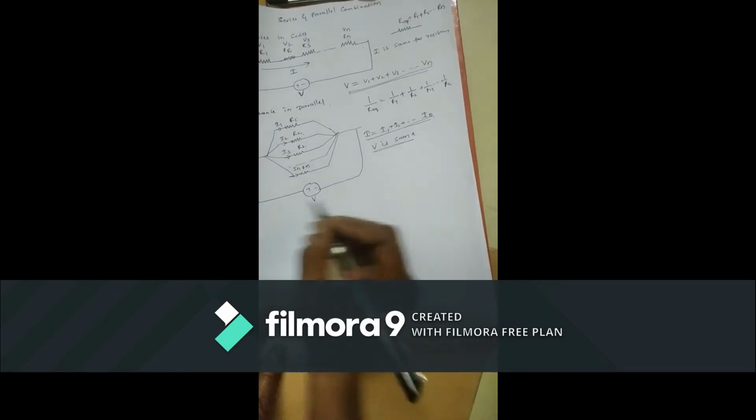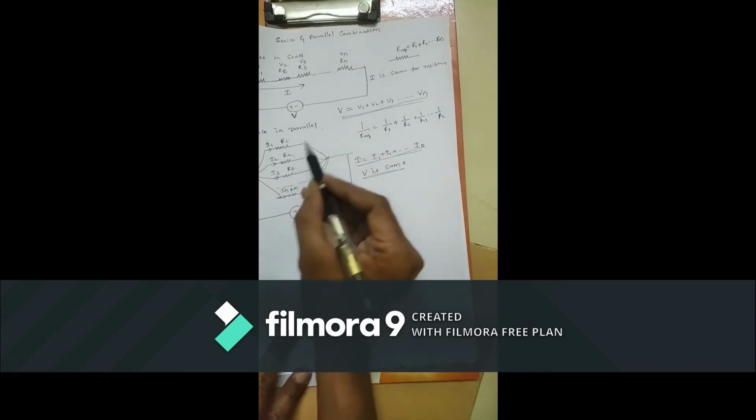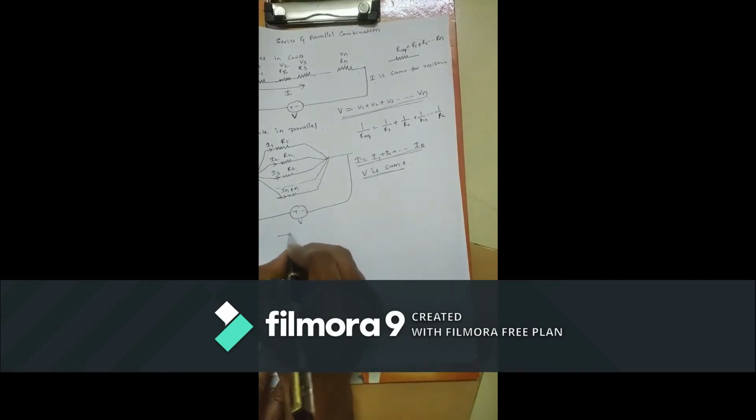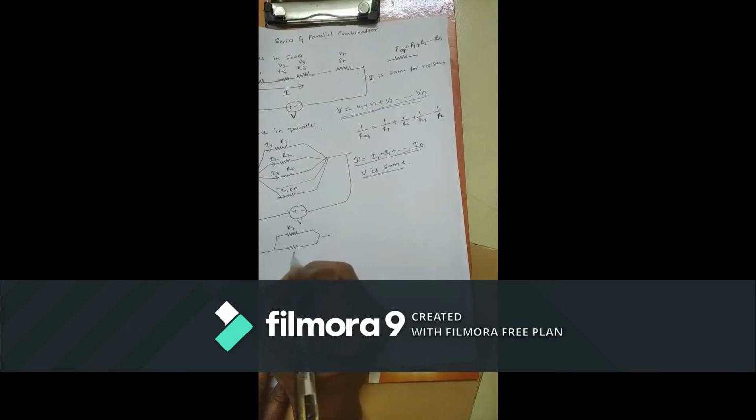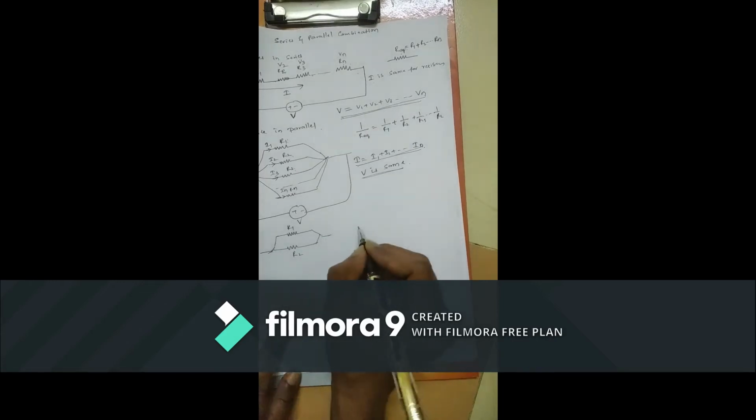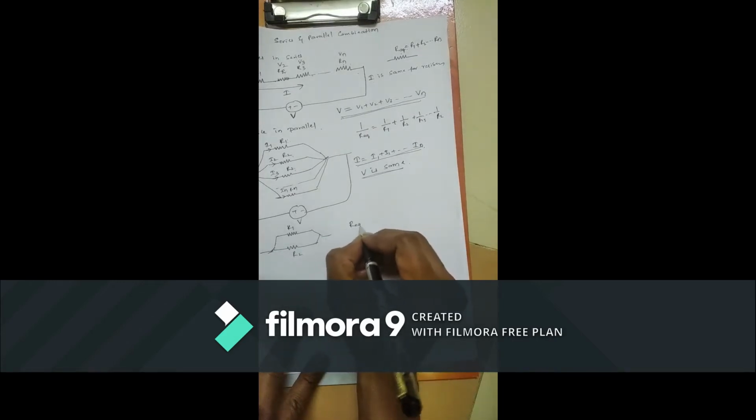One more important thing: suppose only two resistances are connected in parallel, like this. Then you can easily calculate the equivalent resistance using a simple formula.